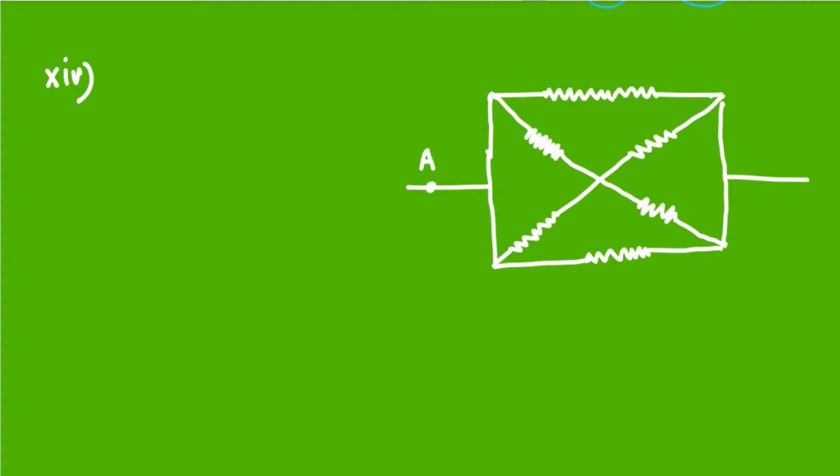This point is A, other point is B. Between A and B there are 6 resistances: R1, R2, R3, R4, R5, R6.